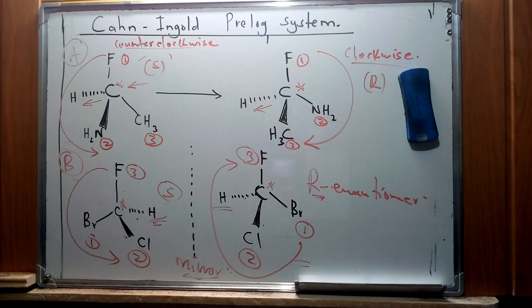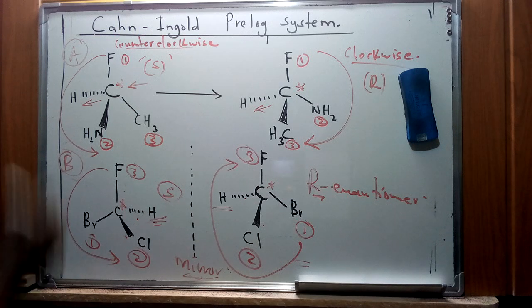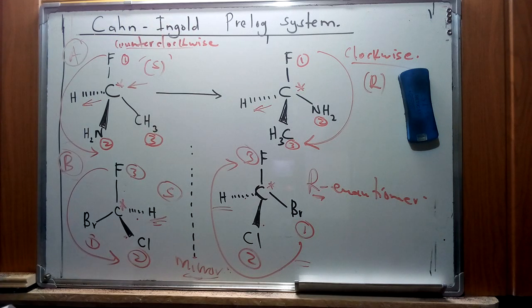That's how we can identify whether that molecule is an R or an S, and therefore giving it an absolute configuration that is referred to as the Cahn-Ingold-Prelog system of naming stereogenic centers.